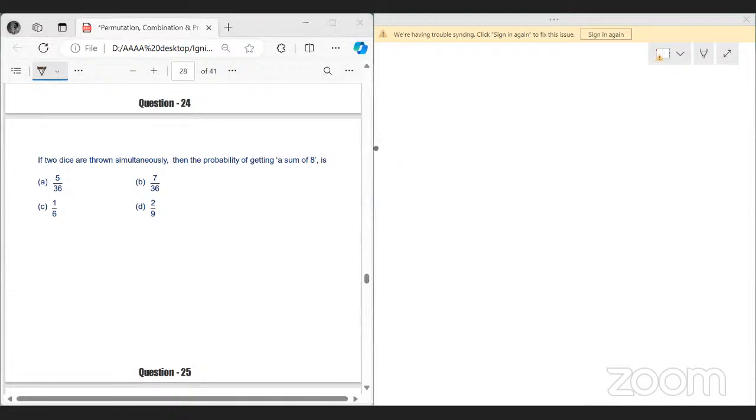If two dice are thrown simultaneously, then the probability of getting a sum of 8 is?